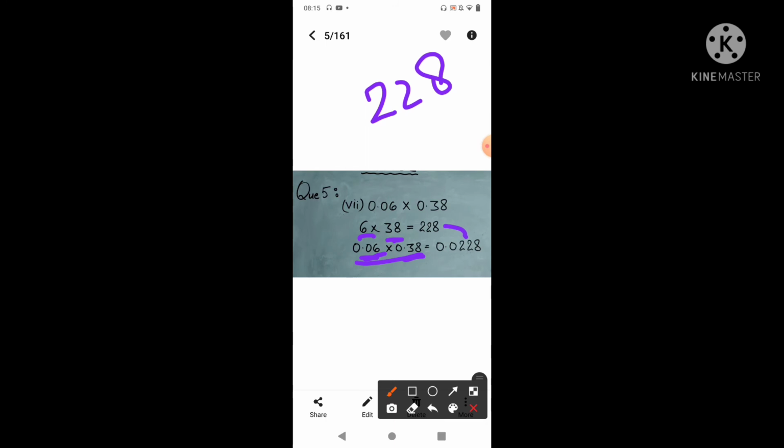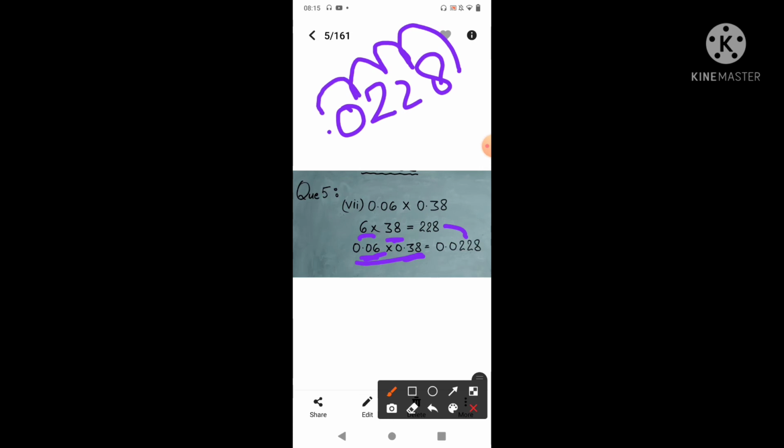So in the product the number of decimal places will be 4. So we mark the decimal before 4 places, 1 2 3, nothing is there, so we put 0. Now it will be 4. Now we put the decimal here.